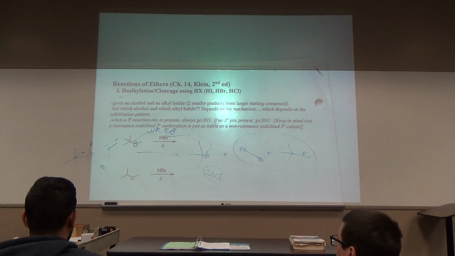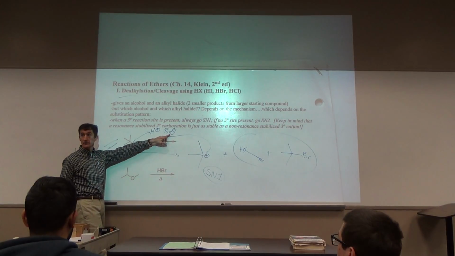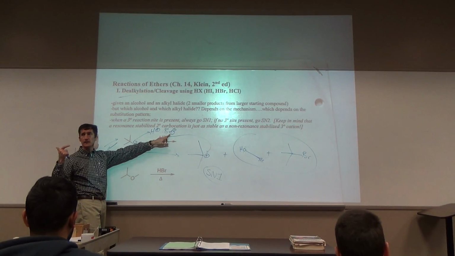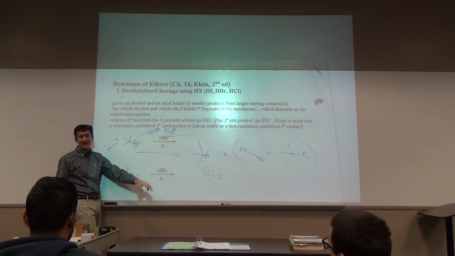Question: I thought bromine was considered strong and you couldn't do SN1 with a strong one. You mean bromide? Bromide strong? Okay. It is strong according to our general definition in Organic 1. I said strong as anions and sp3 nitrogens. There are some exceptions. It's not that strong.